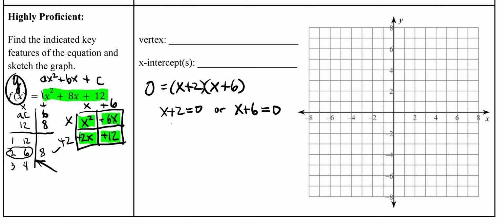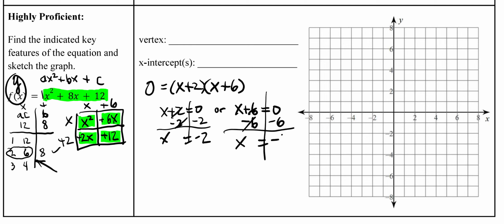I solve each of these equations: subtract 2 from both sides here, that gives me x equals -2, or subtract 6 from both sides over here, and that gives me x equals -6. And so my x-intercepts are at (-2, 0) and (-6, 0).